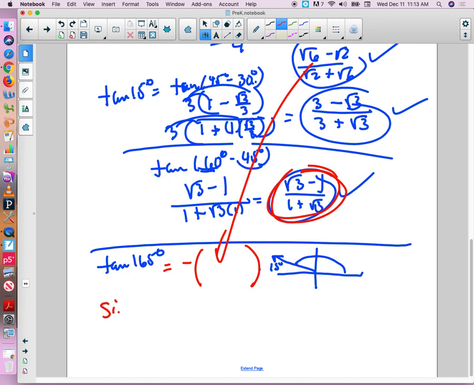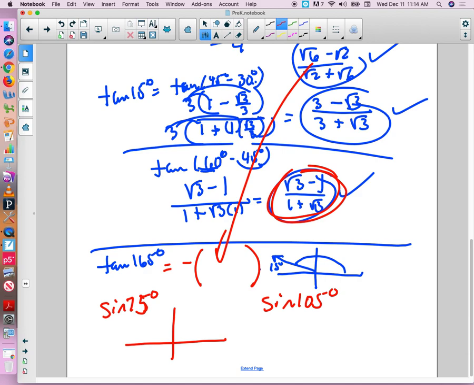If I asked you for the sine of 15, and then later I wanted the sine of 105, here's 75. Somewhere on your sheet you have sine of 75, which is square root of 6 minus square root of 2 over 4. Okay?